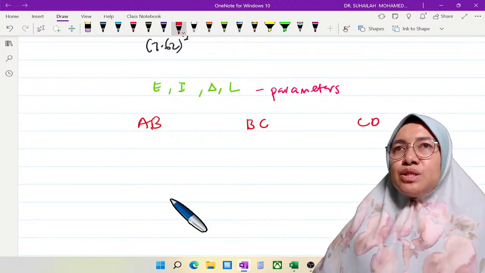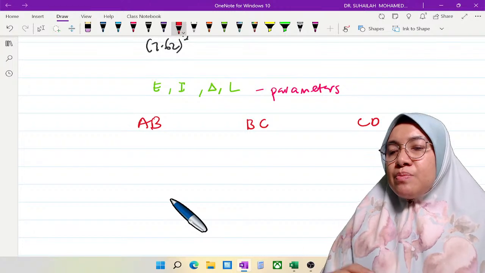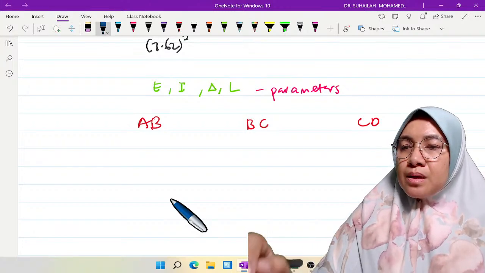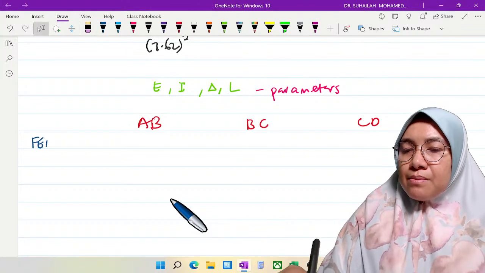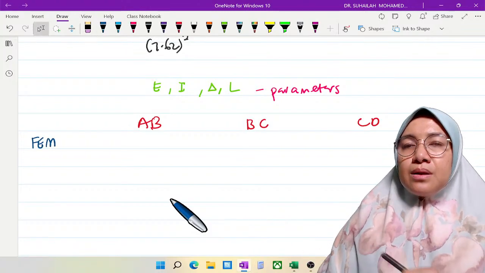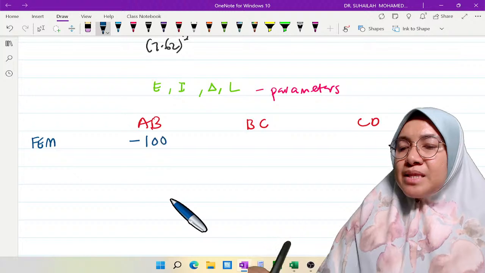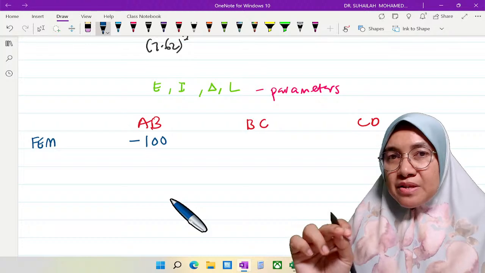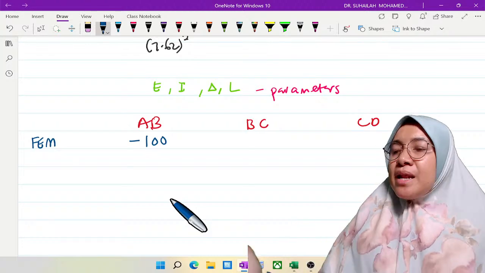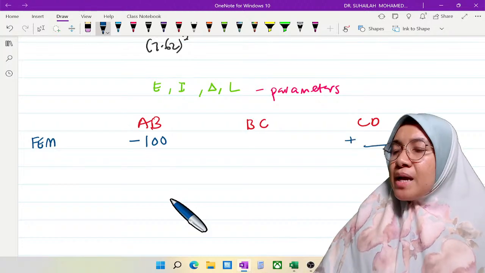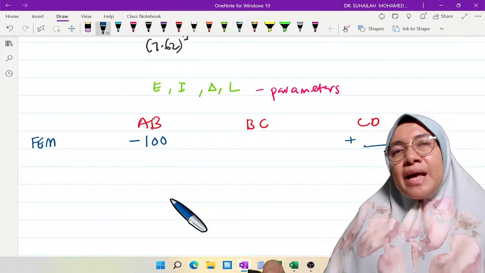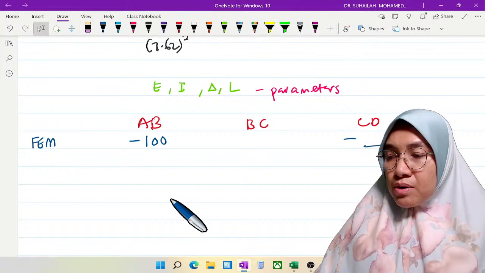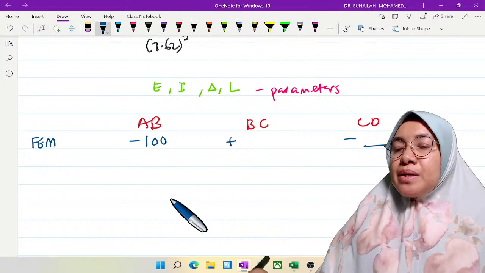The assumption that we made is that FEM for AB is negative 100 because of the behavior. BC we will get positive, and CD we will get negative because of the behavior. We can check this.